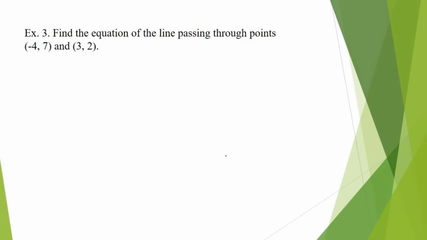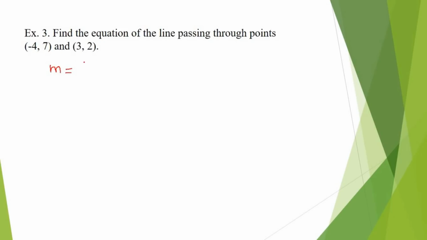Now let's have one final illustrative example. Find the equation of the line passing through points -4, 7, and 3, 2. Now we are given 2 points. With this information, we first determine the slope.